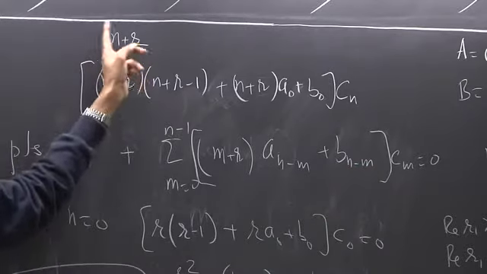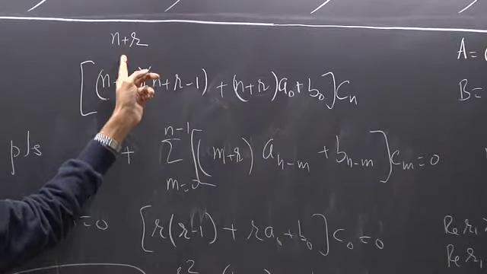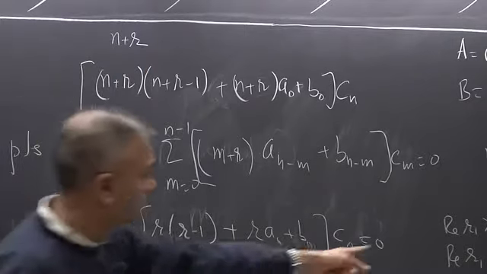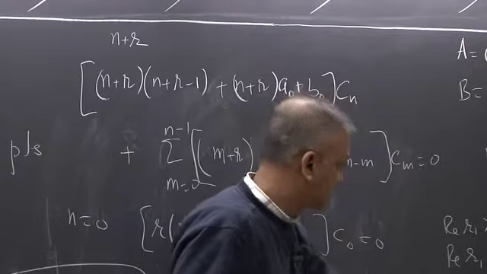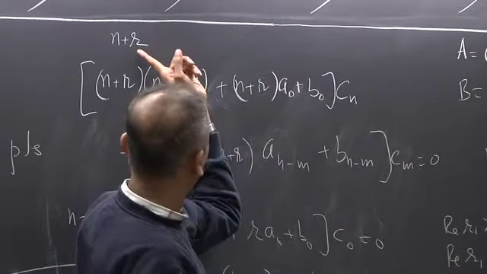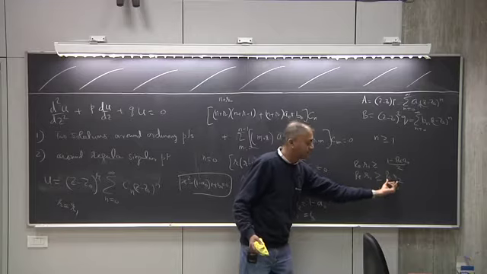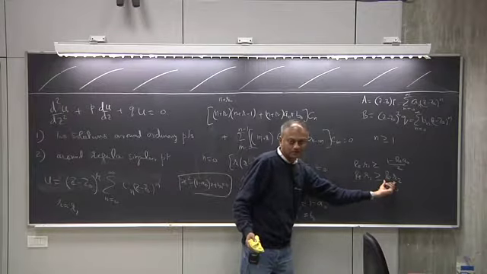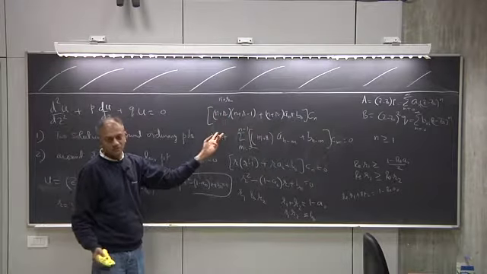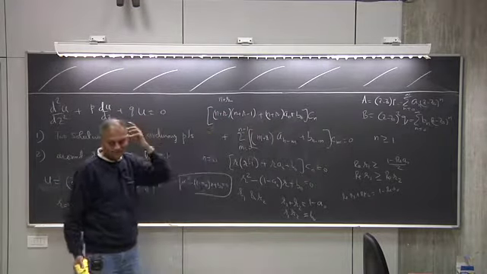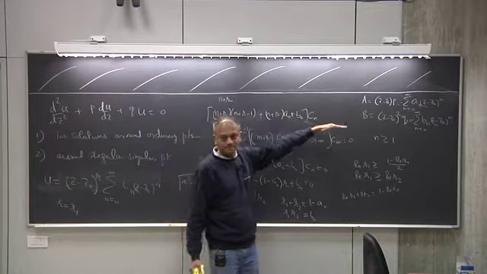So for n positive, n plus r1 is obviously not going to be equal to r1, and it's also not going to be equal to r2 because of this condition, right? Because the real part of n plus r1 is even greater than the real part of r1, but this is greater than or equal to the real part of r2. So this can neither be equal to r1 nor r2. So this cannot be 0, right? This is the logic. And therefore I can determine all the Cn's.